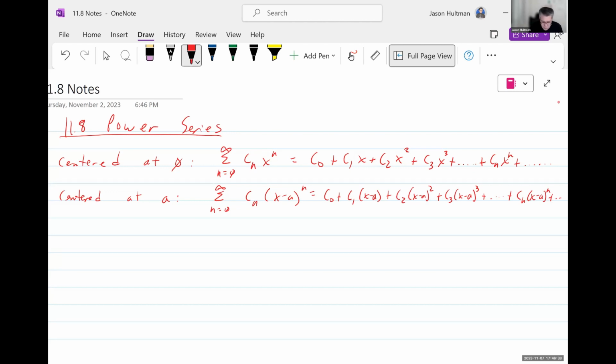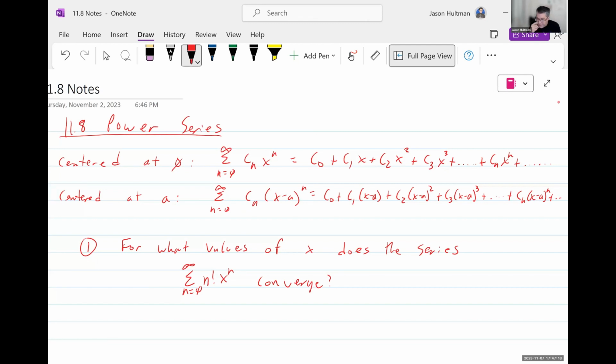So let's look at a power series and ask ourselves, for what values of x does the series, the summation from n equals 0 to infinity of n factorial x to the nth, converge?